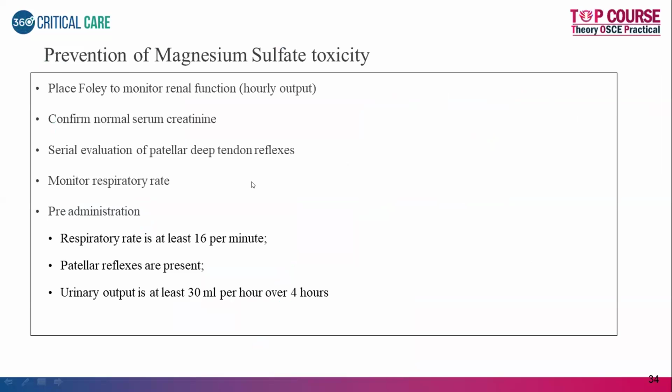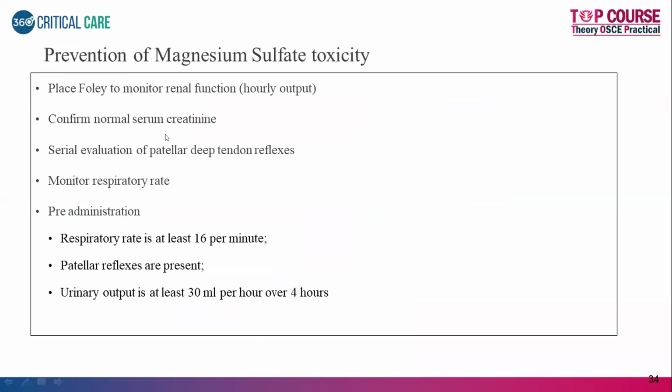Now, when you're giving magnesium, we need to monitor for toxicity of the magnesium, right? So how do you monitor or prevent the toxicity? First, in any patient with magnesium sulfate infusion, please place a Foley's catheter and measure hourly urine output. Then confirm the normal serum creatinine.